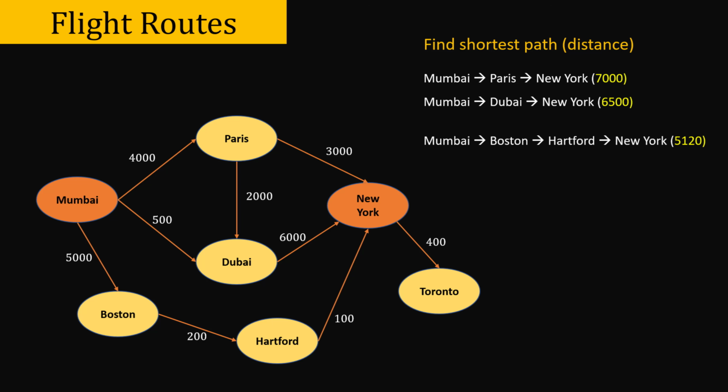It is actually Mumbai, Boston, Hartford, New York. Although there are 4 nodes in total, but the total distance is minimum. Hence, in this case, if you want to find out the shortest path based on the total distance traveled, it will be Mumbai, Boston, Hartford, New York.